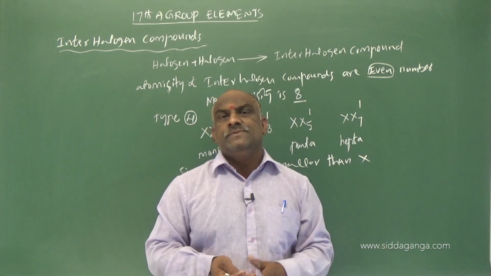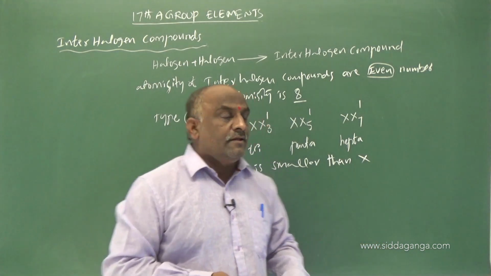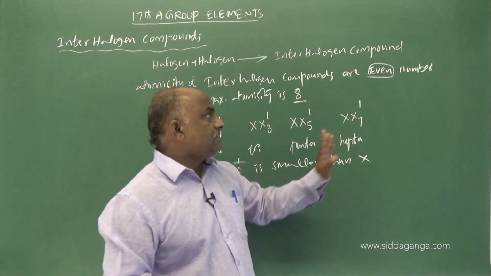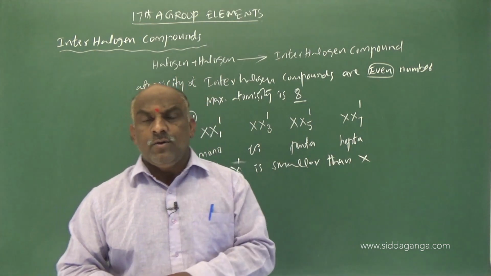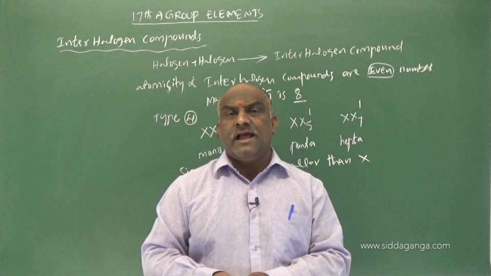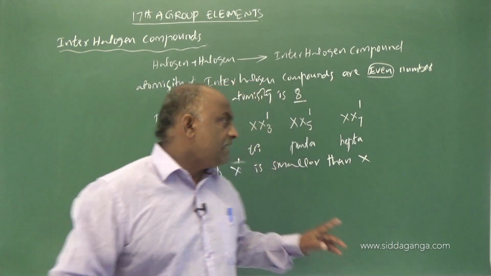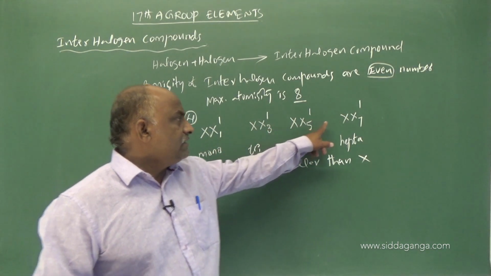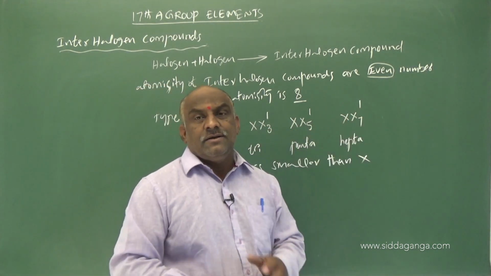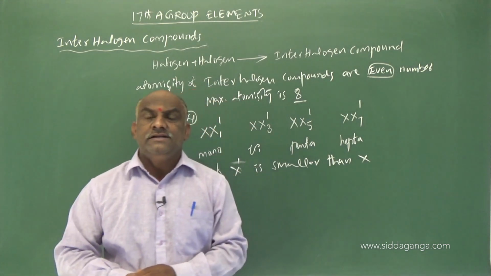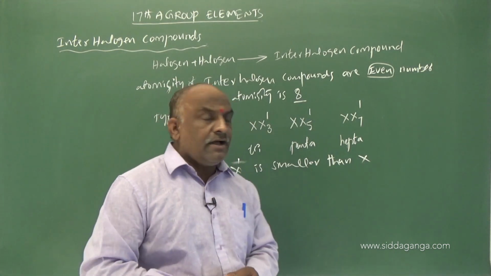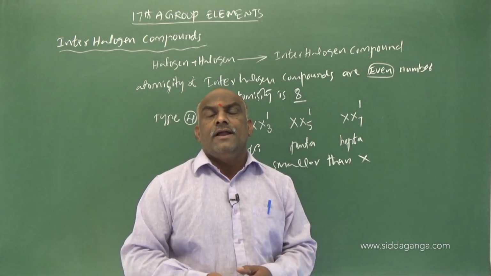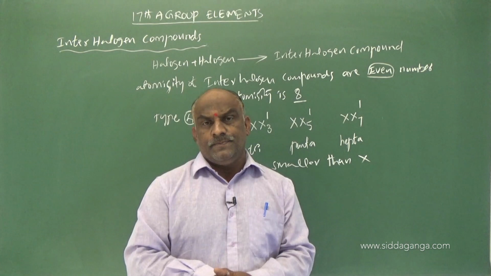Suppose species, then it will be different. And the size of X dash is smaller than X. Totally 4 types of interhalogen compounds are there: XX1 dash, XX3 dash, XX5 dash, XX7 dash, monohalides, trihalides, pentahalides, heptahalides.